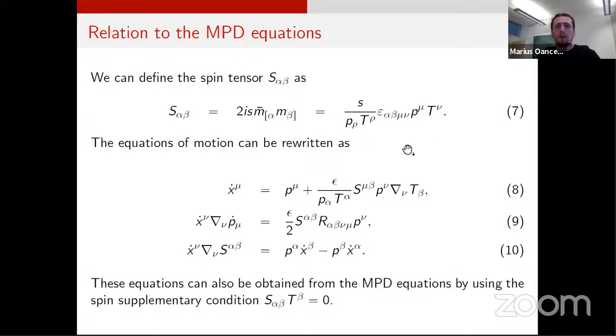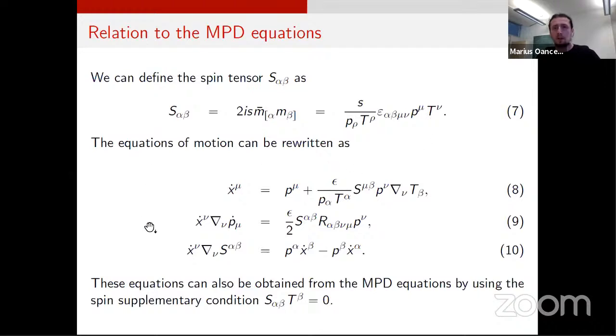Okay. So before going to the examples, I have one more remark. Our equations can be put in a form which resembles the well-known Mathison-Papapetrou-Dixon equations. To do this, we just need to define a spin tensor as over here, either in terms of m and m bar, or directly in terms of p and our choice of external time-like vector field t.